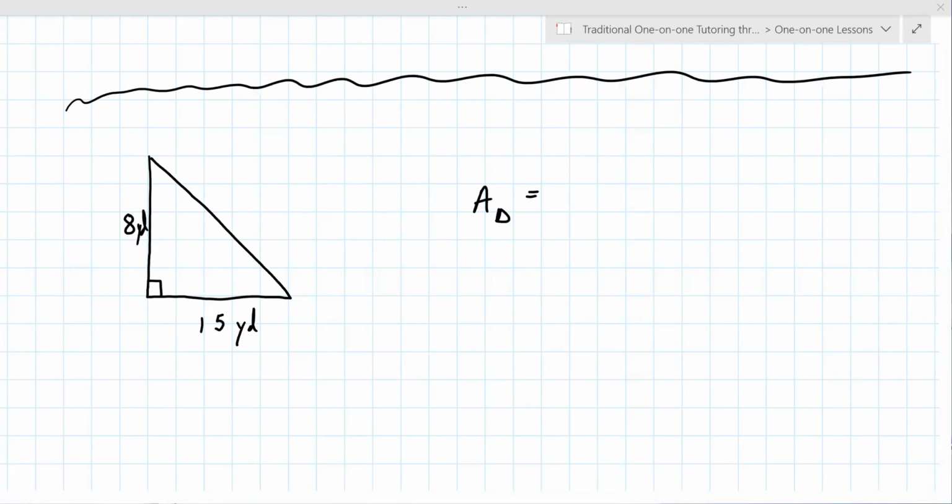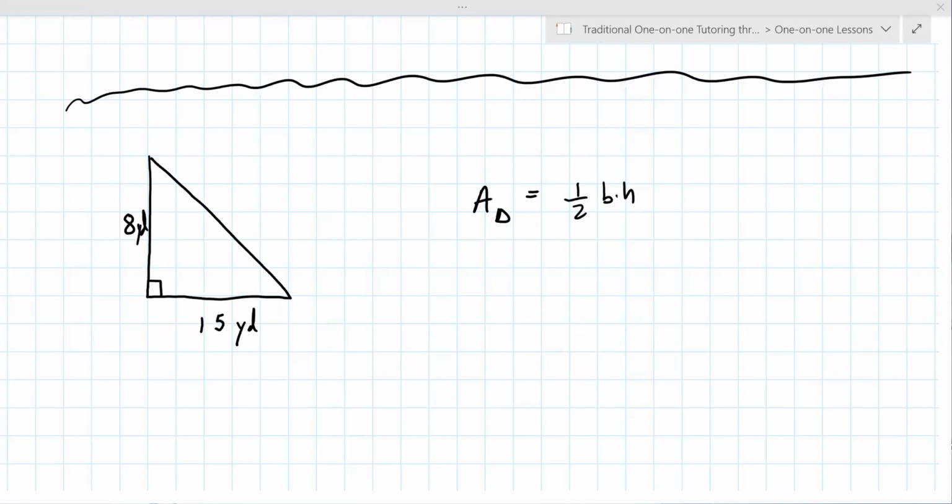Is it going to be the Pythagorean theorem again? To find the area, you're going to use the formula 1/2 base times height. So 8 times 15 is 120, and then you have to divide by 2.